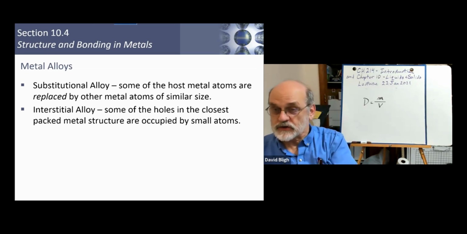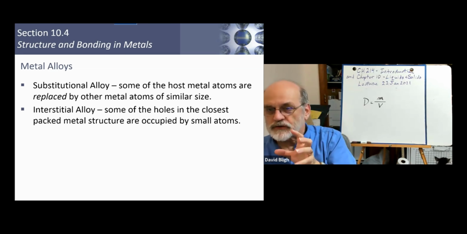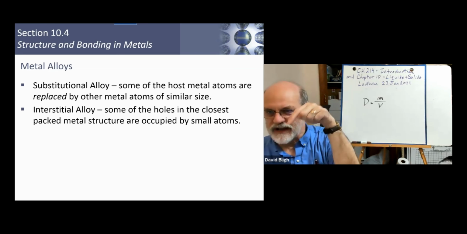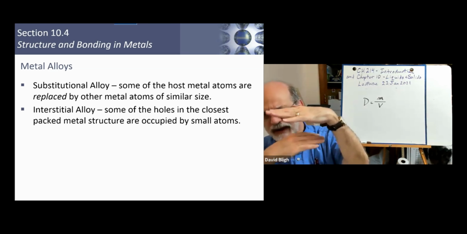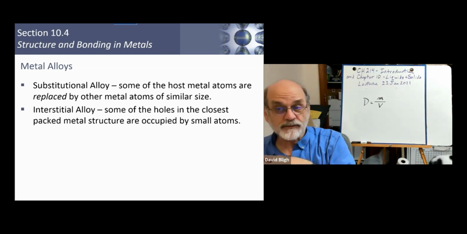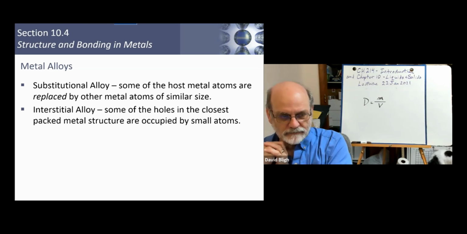And that's your substitutional alloy. Interstitial alloys are those where, you remember in the closest packing model, you have these voids, spaces in between the atoms. Even if they're really packed close, you still have some space available. If you pick a small enough atom, you can stick it in those spaces. That's an interstitial alloy.